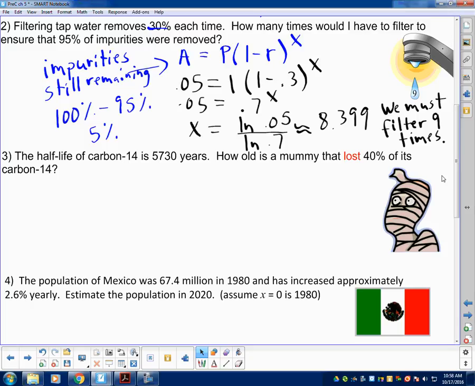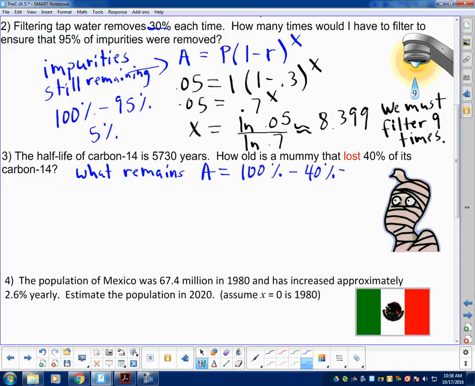So if the mummy lost 40% of its carbon-14, then what remains, A, is equal to 100% minus 40%, or 60%. So that's going to give me my A, the amount.